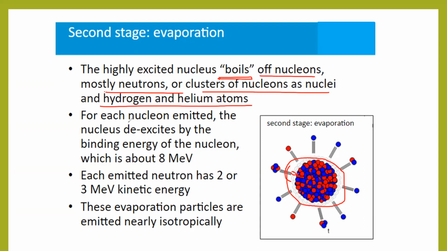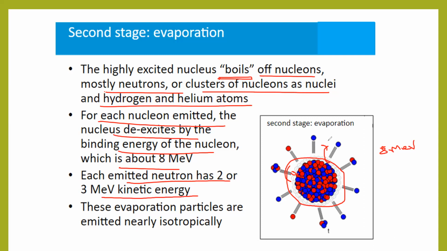So that is evaporation. For each nucleon emitted, the nucleus de-excites by the binding energy of the nucleon, which is about 8 mega electron volt. When it releases neutrons from itself, it gets stabilized. Each emitted neutron has 2 or 3 mega electron volt kinetic energy.